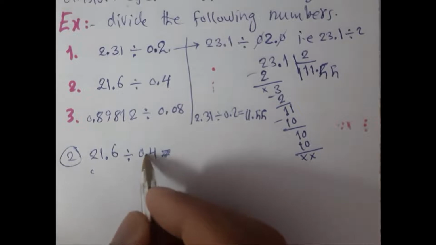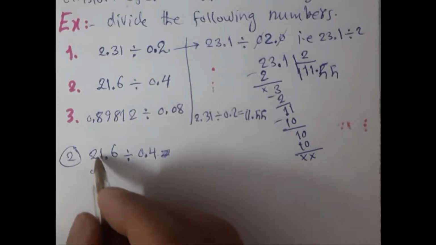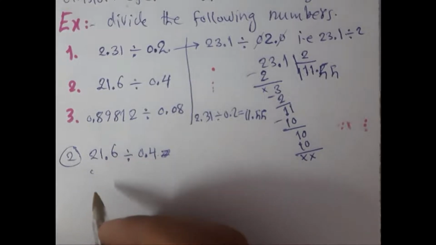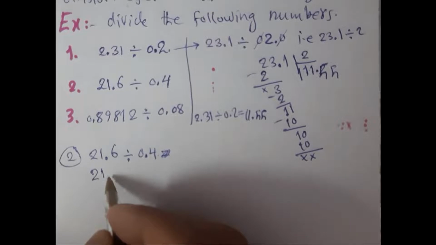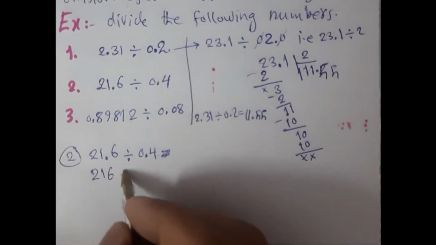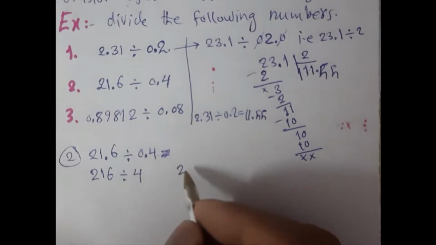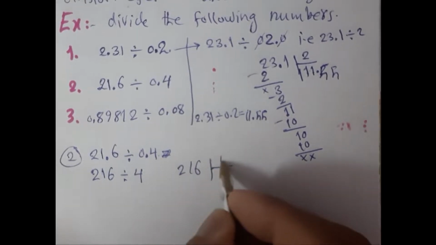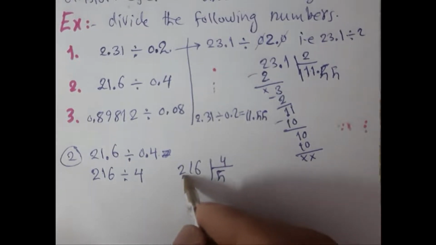We can write it as: the decimal point carries in front of 4. Also from here the decimal point goes in front of 6. 216 divided by 4. 21 divided by 4, 5 times. 5 multiplied by 4, 20.